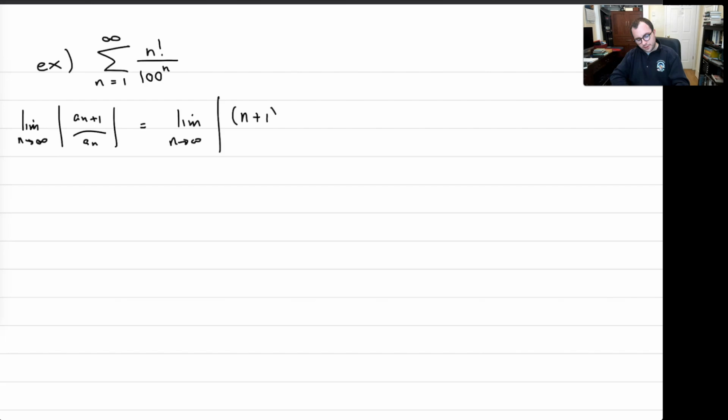Be very careful that the plus 1 is inside of the factorial and not outside of the factorial. And that the n plus 1 is the exponent. It's not added to 100 to the power of n. And divide that by the nth term, which is the same as multiplying by its reciprocal. And we get this.